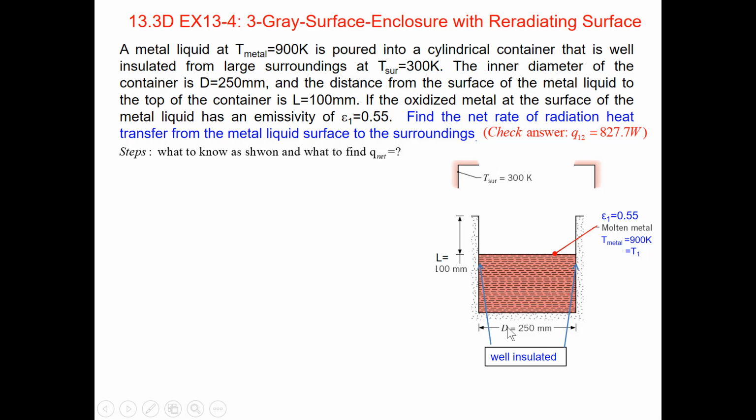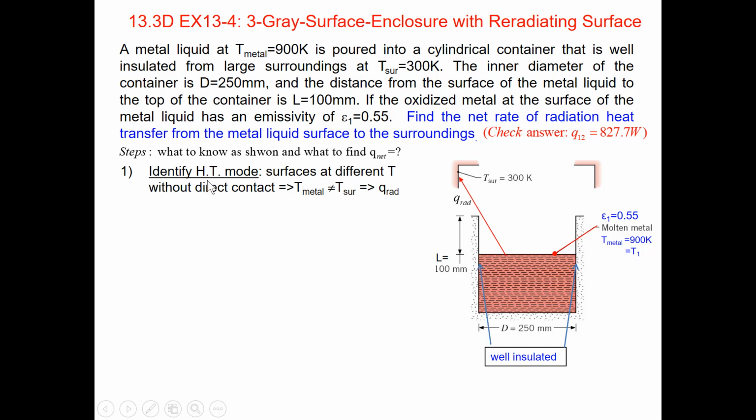The container has diameter D and distance from the surface of the metal liquid to the top of the container. The surface of the metal liquid has this temperature and this emissivity. We need to find the net rate of radiation heat transfer from the metal liquid surface to the surroundings. That's what we know and what we need to find out.